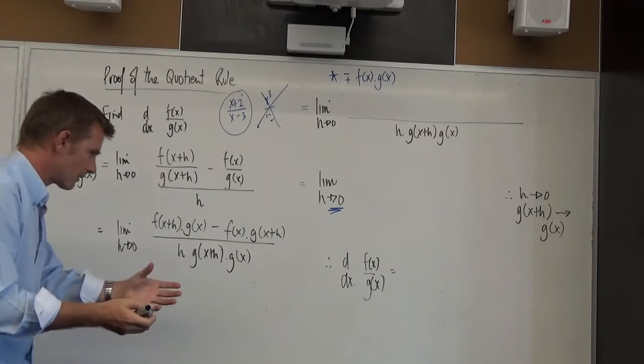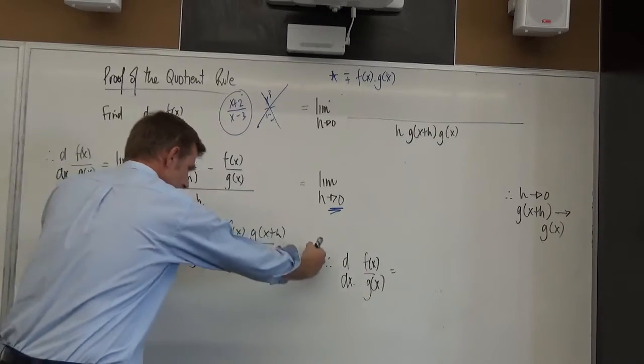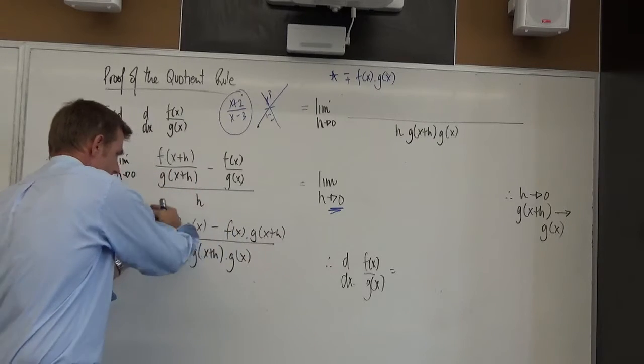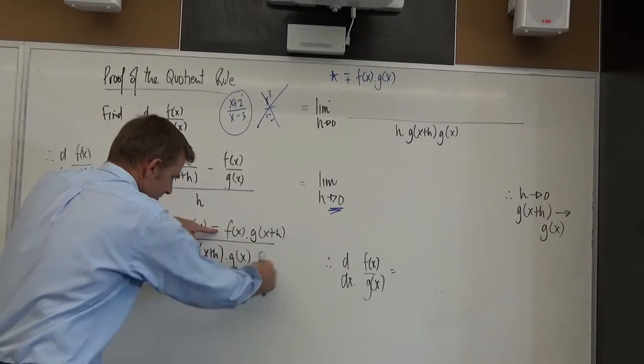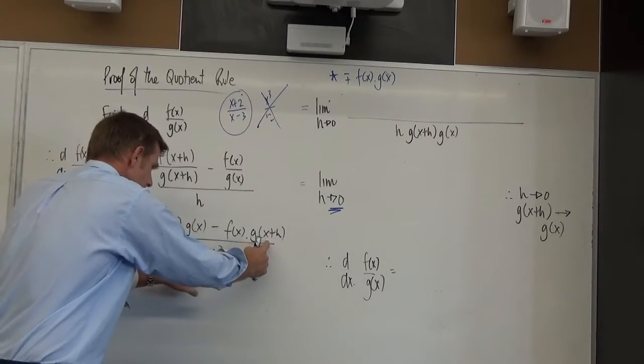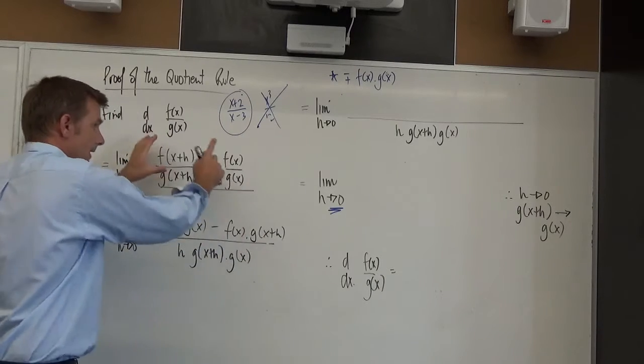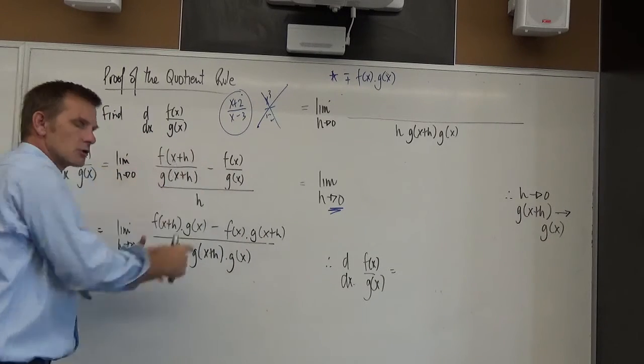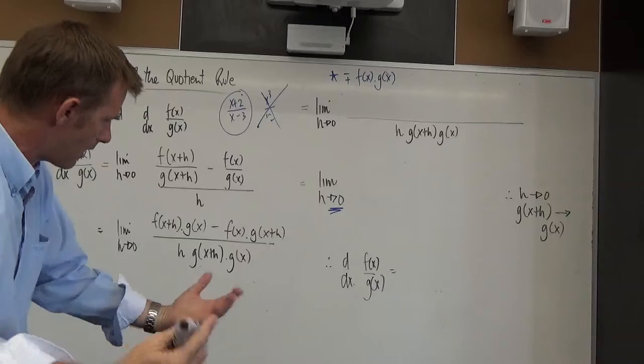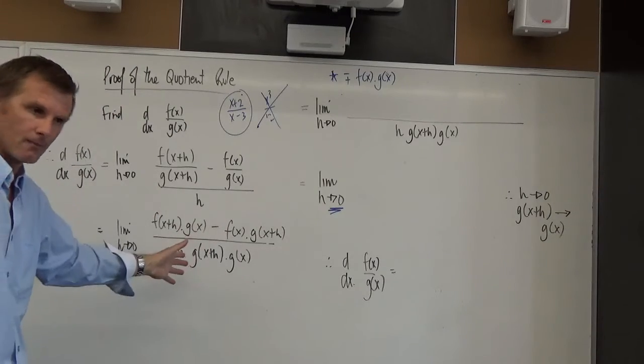Now you should be able to see that if I split that up into two fractions, this part here minus this part here, parts of it would cancel out and get me back to here. Okay? It looks a little bit different to the fractions you're used to with numbers, but it's the same idea.